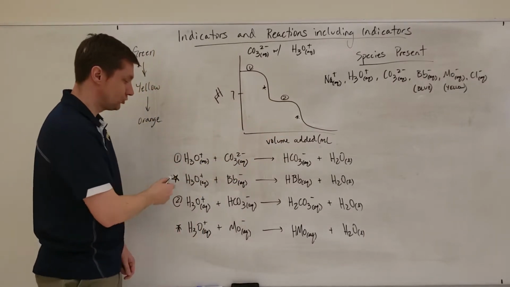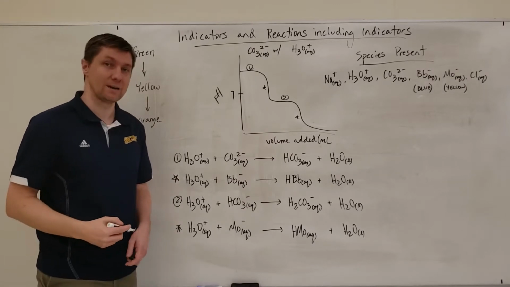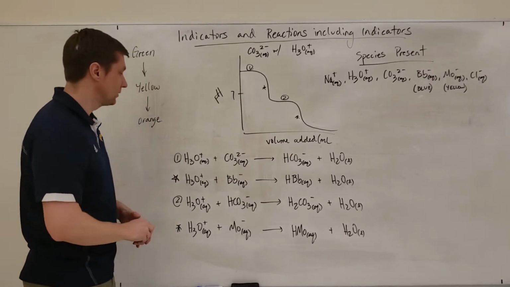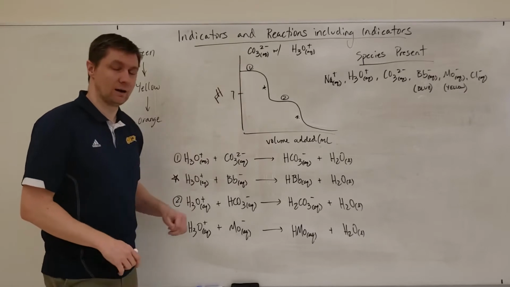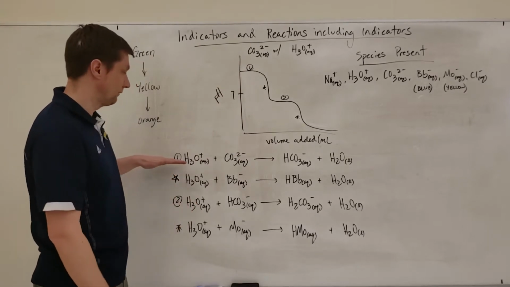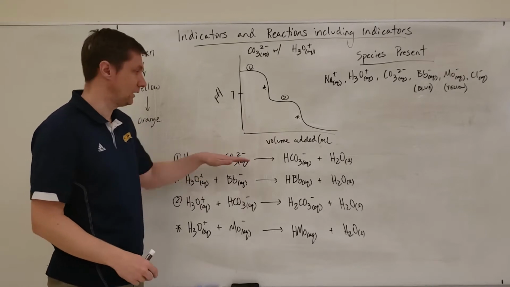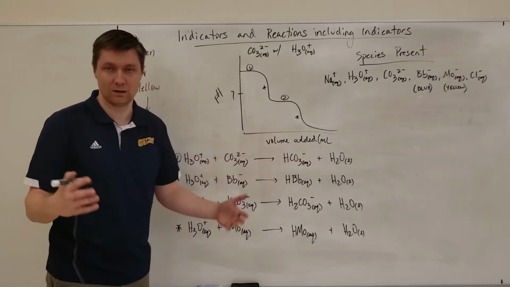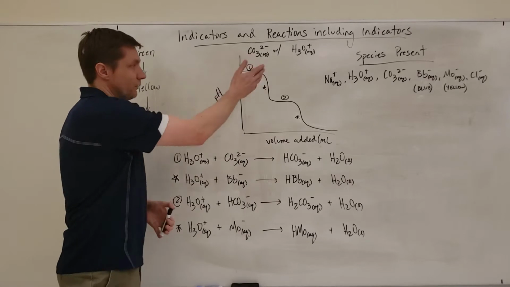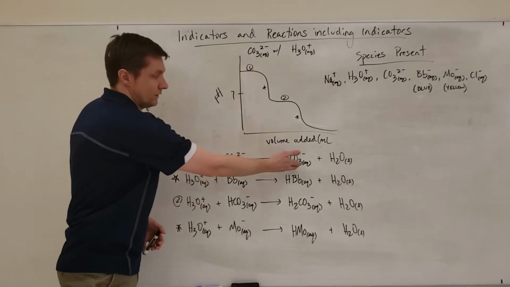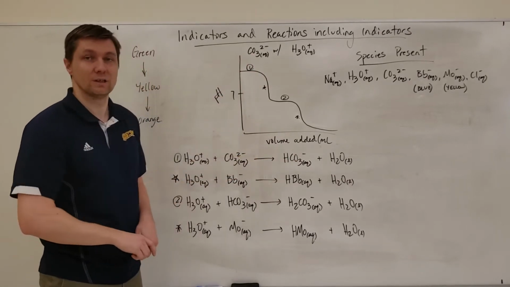And you can see at each juncture there's a separate reaction that's taking place. So here at the first buffer region, we've got the hydronium ion being added, reacting with the carbonate ion, and we get the hydrogen carbonate ion and water. And so we get this buffer region because we've got a weak acid with its conjugate base in the solution.